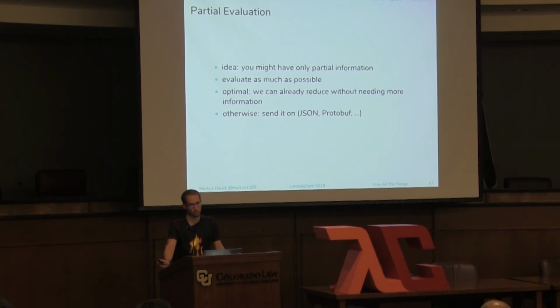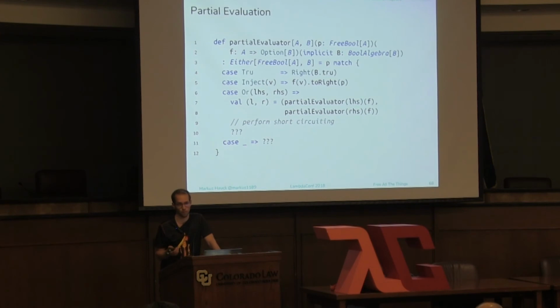It would be optimal if we can reduce everything to true or false without ever touching the text. And if not, we can still send it on to some other system that is able to load the text from the database. And given that we don't have any functions in our AST, we can just serialize it to JSON or protobuf or whatever. Something that we cannot do with free monads or free applicatives, because they might have functions, then it gets a lot uglier.